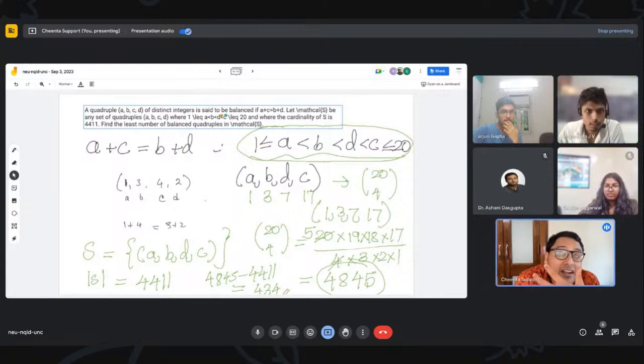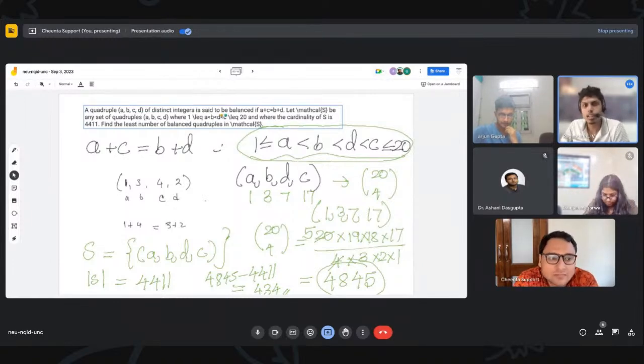We are trying to reduce the number of balanced quadruples, so all the 434 that we discarded are balanced quadruples. We counted the least number of them that must be there in the set S.